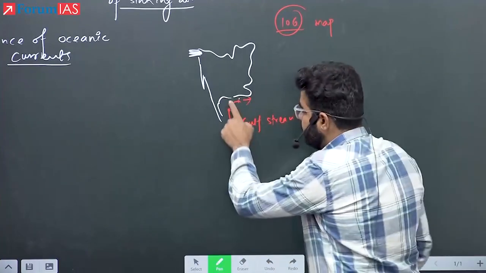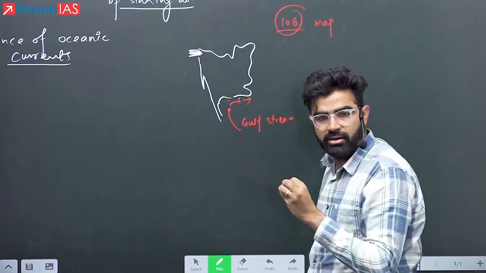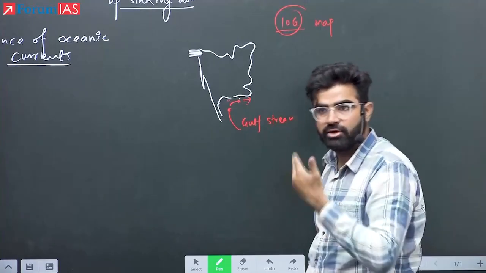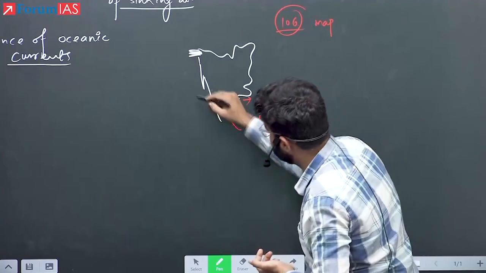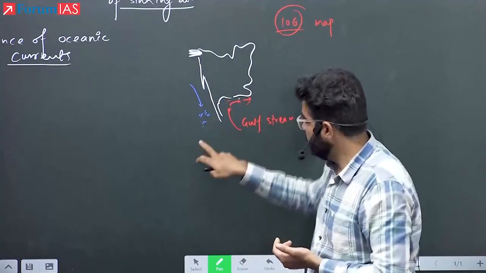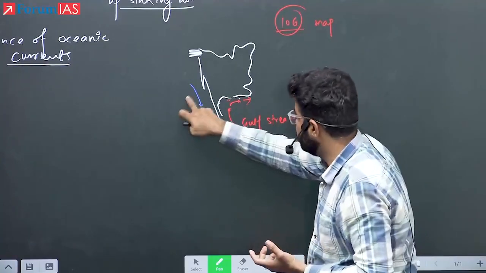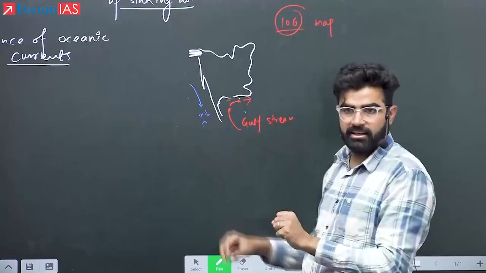So what would be the temperature in this area? The temperature of the oceanic water will be warmer, yes or no? Yes. So we are discussing the temperature of the oceanic water. And here, if I ask about this water, here we have the Californian cold current. What would be the temperature here? Comparatively less. So the presence of cold and warm currents will decide what the temperature of that area would be. Understood?